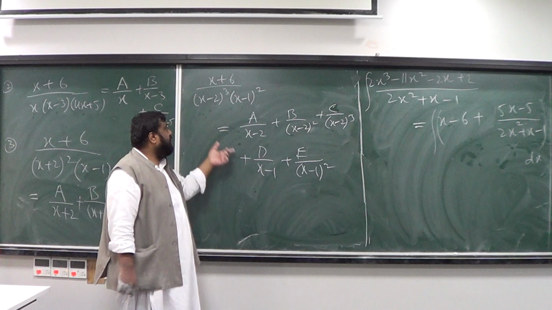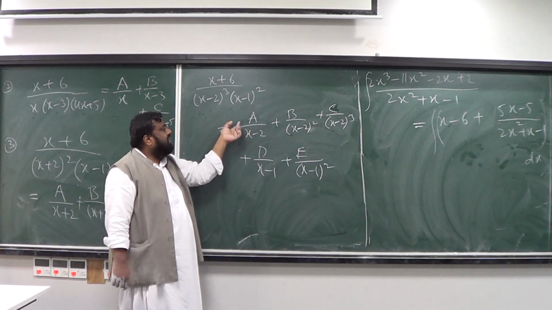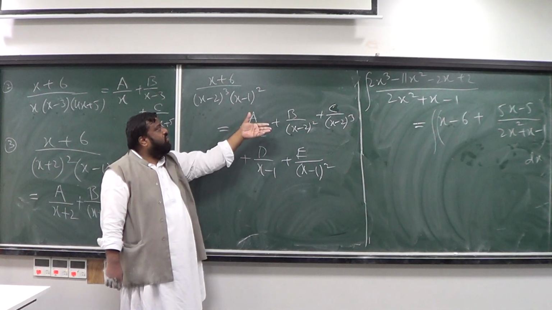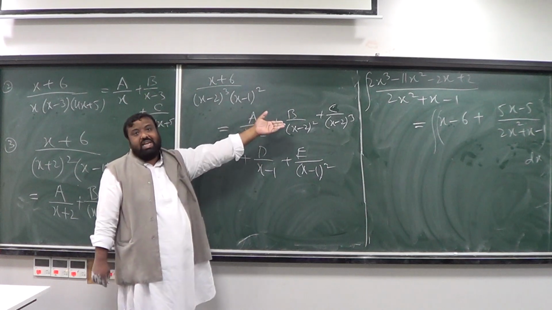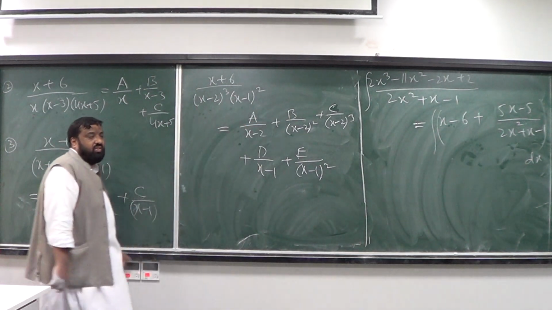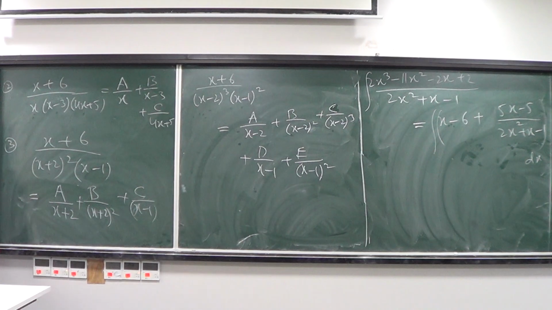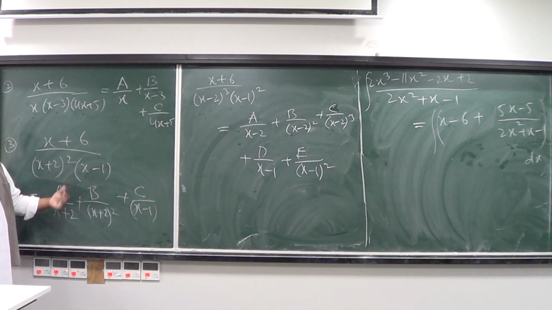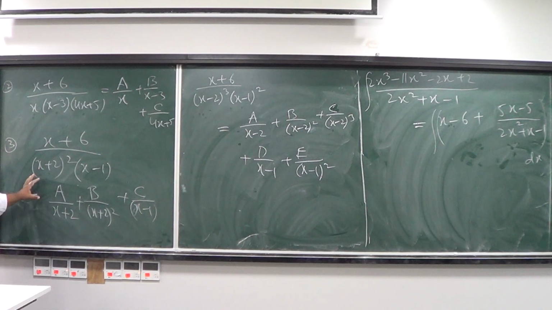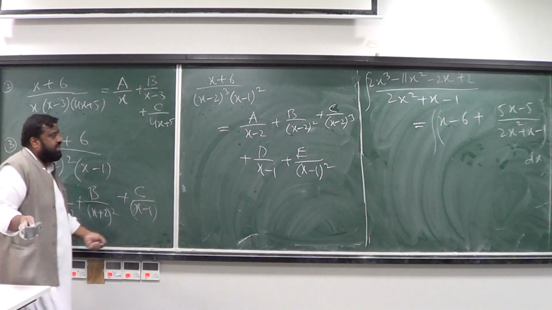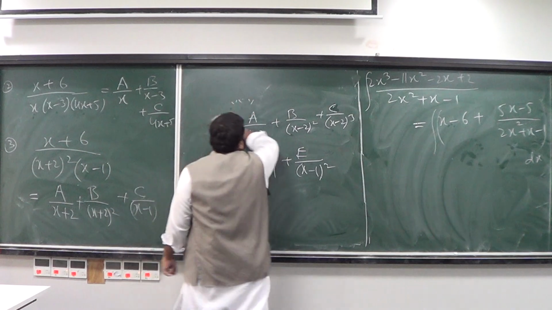So you have to put all the factors. If there is an even higher power, you're going to put that power as well. So this is the third remark: if in the denominator some linear expression is repeated, you write the expression in this manner, and then try to find the constants.